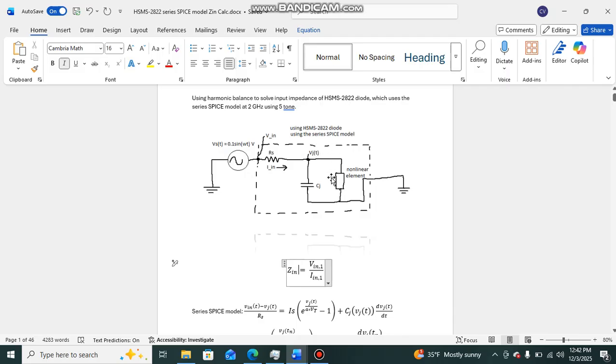The junction voltage here has harmonics also, so we have to find those values, and to find the input impedance, we would do Vn fundamental divided by the current input fundamental. But we don't know that.